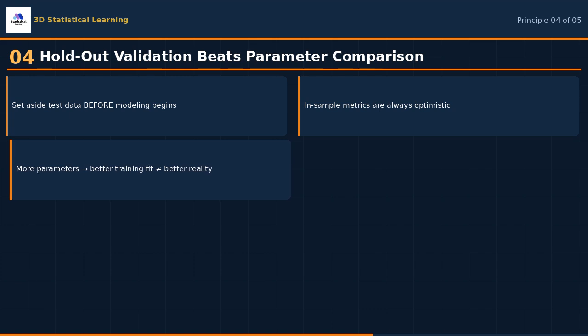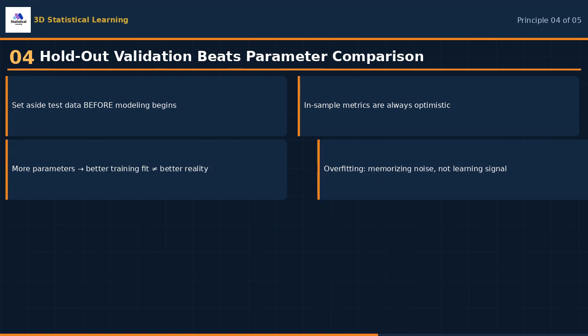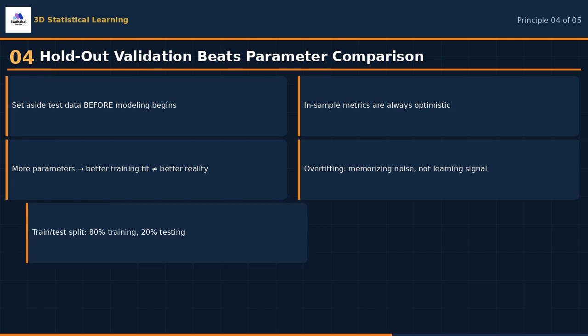Any metric computed on the same data used to fit the model is optimistic. A model with more parameters will almost always fit training data better than a simpler model. Not because it discovered a better representation of reality, but because it memorized noise. This is overfitting, and it leads to poor generalization.